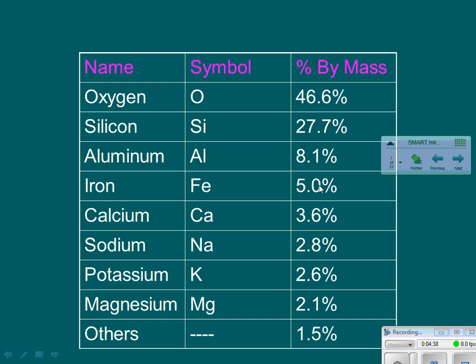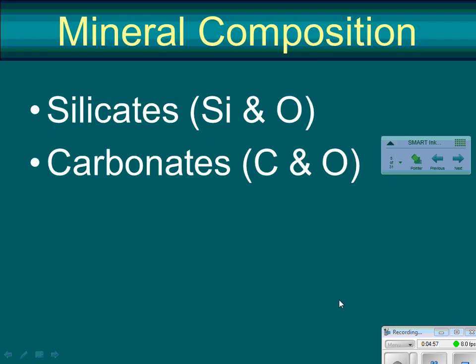Iron is 5%, calcium is 3.6%, sodium is 2.8%, potassium is 2.6%, magnesium is 2.1%, and then the other category is 1.5%.